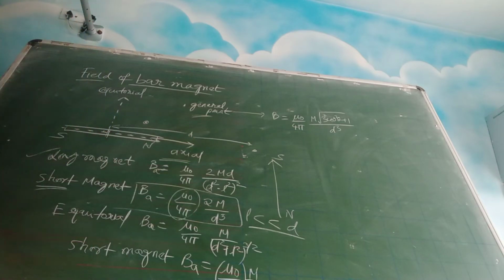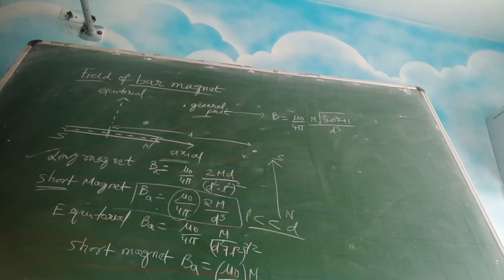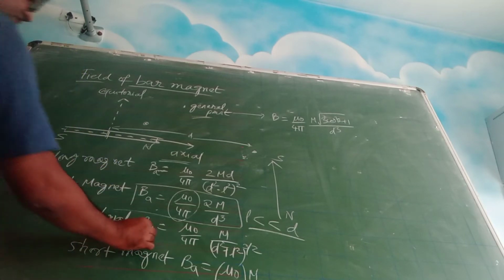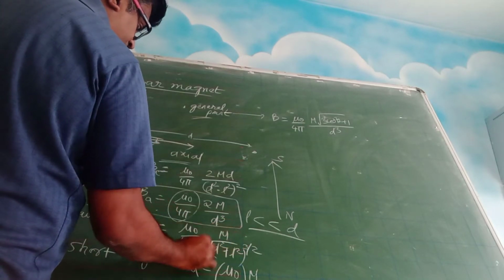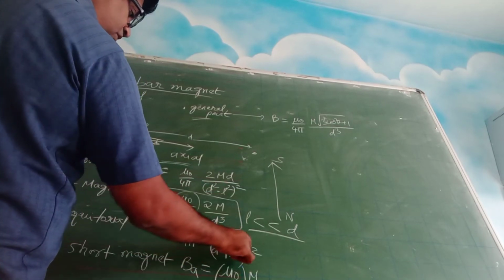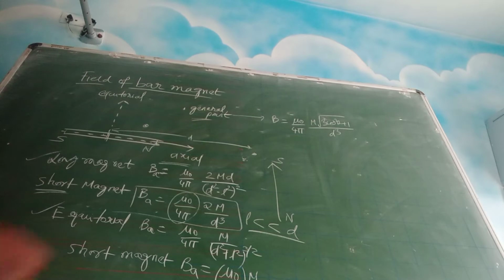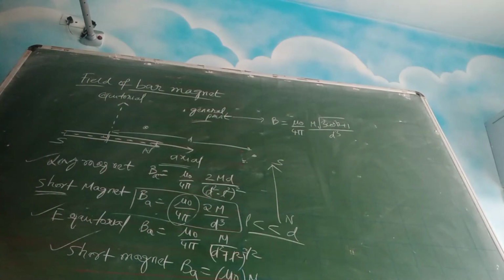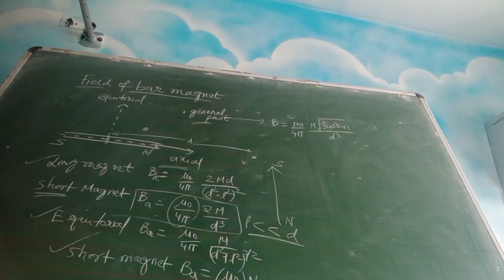Now these formulas are similar to the electrostatics chapter, where you also found the electric field along the axial line and along the equatorial line. Coming to the equatorial line, B_E is given by mu naught by 4 pi, m by (d square plus l square) to the power of 3 by 2. But most of the time we will be using the short magnet formula. In the question it will be mentioned that it is a short magnet.